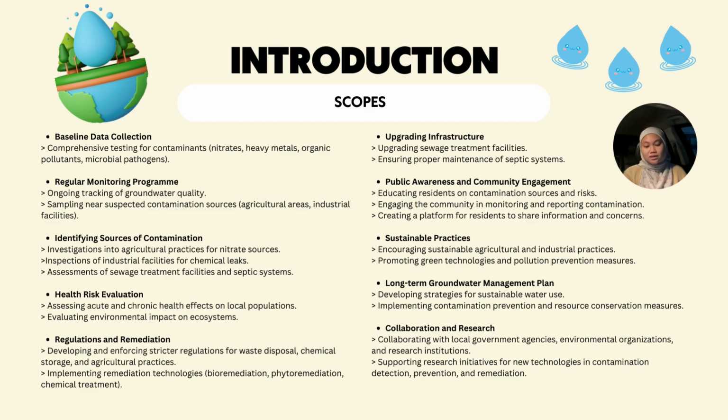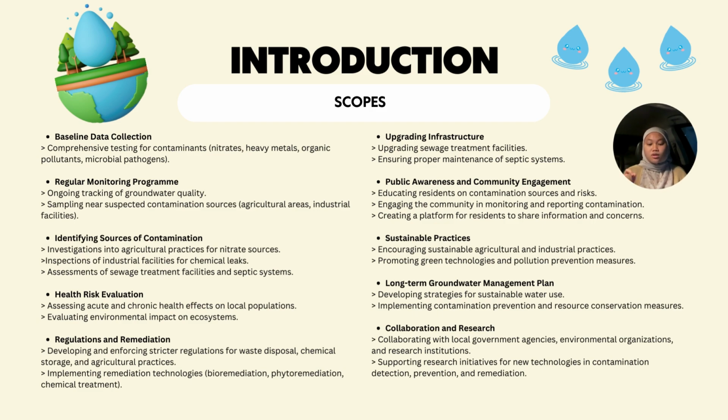Sustainable practices is encouraging sustainable agricultural and industrial practice and promoting green technologies and pollution prevention measures. Long-term groundwater management plan is developing strategies for sustainable water use, implementing contamination prevention and resource conservation measures.